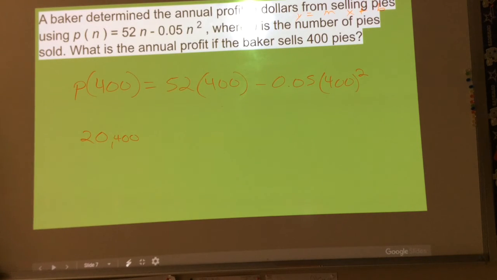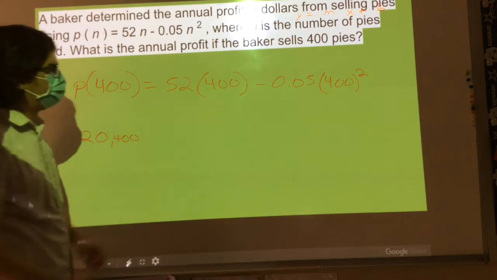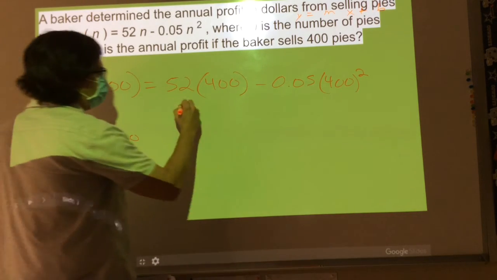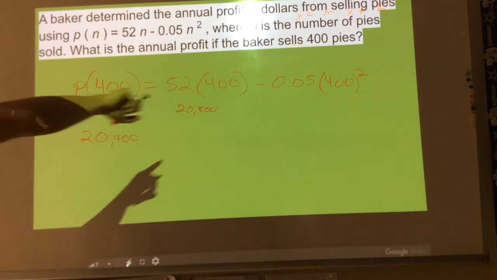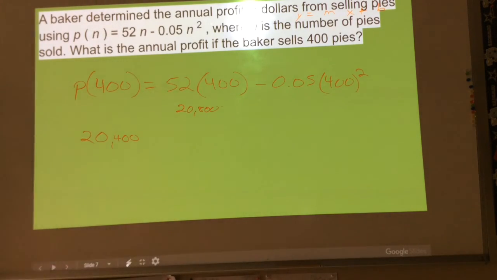Do I get any different? Carlos, what you got? Abby, what'd you get? Okay. Let me ask you this. Somebody tell me, what is 52 times 400? 20,800. Very good. And then, do we have to do the negative 0.05 times 400 or the 400 squared first? 400 squared. What is 400 squared?